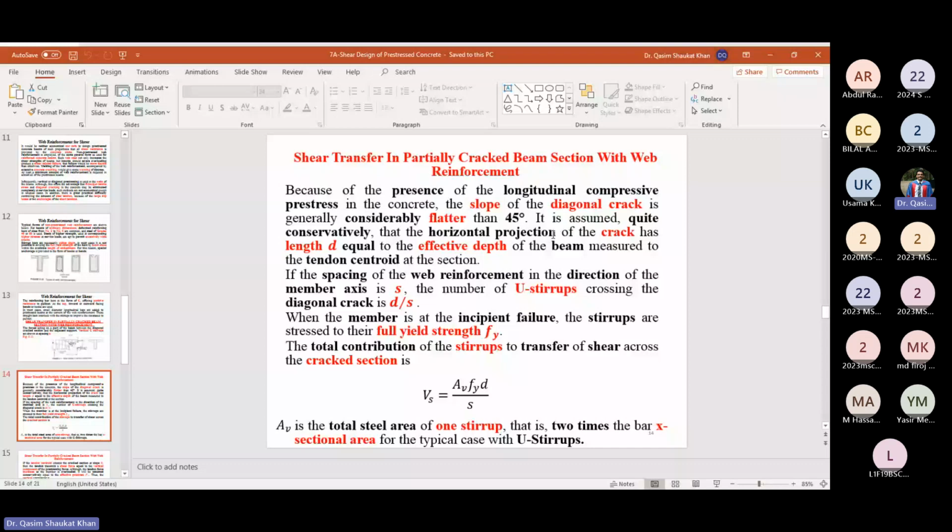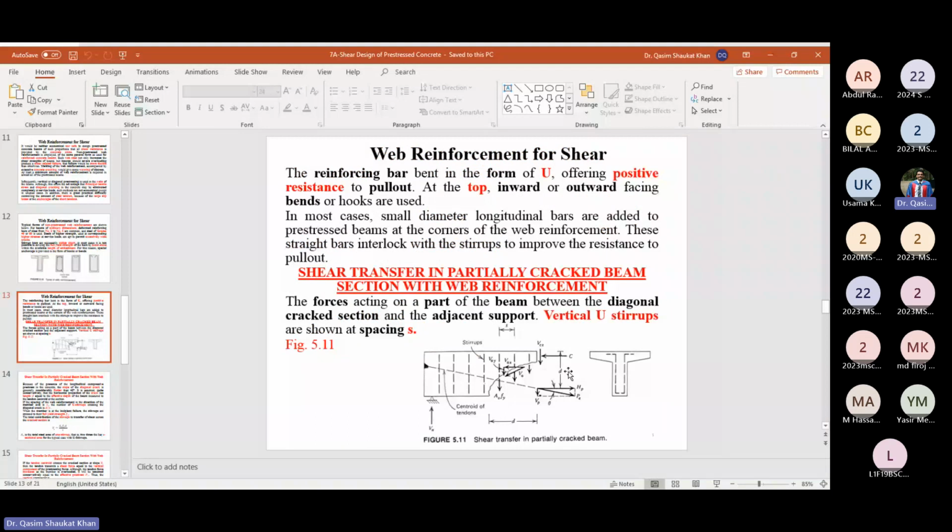Okay. So it is assumed conservatively that the horizontal projection of the crack has length d. So the length of the crack has been taken equal to d, where d was the effective depth of the section. Okay. So the horizontal projection of the crack has been taken equal to d, that is the effective depth of the section.